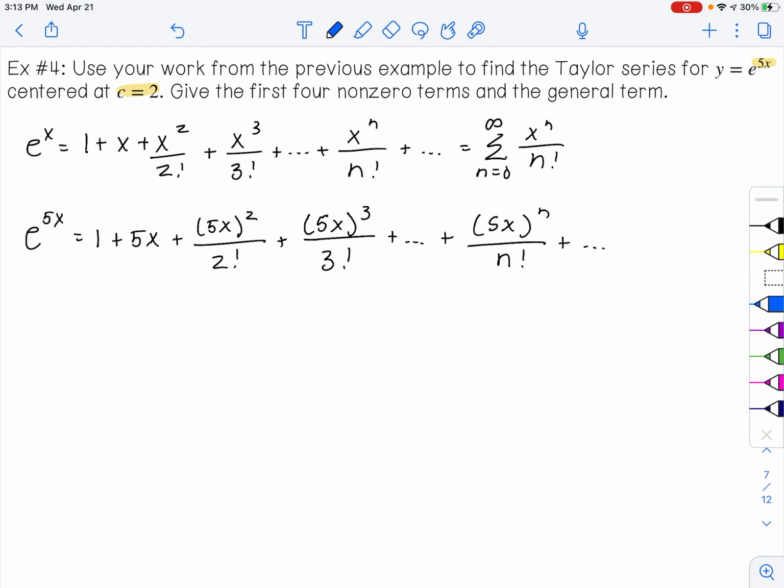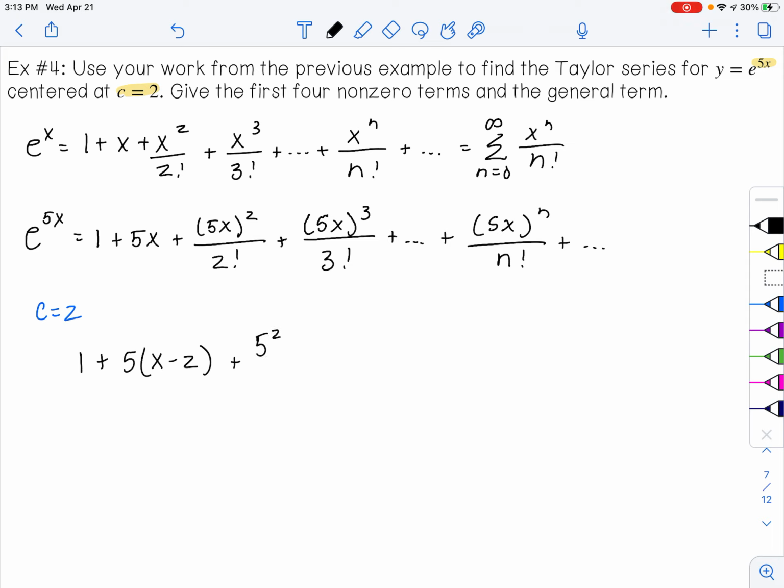So now to center it at 2, so c equaling 2, all I'm going to do is say, okay, I've got 1 plus 5 times x minus 2, plus, if I want, I can make this a 25 or a 5 squared.